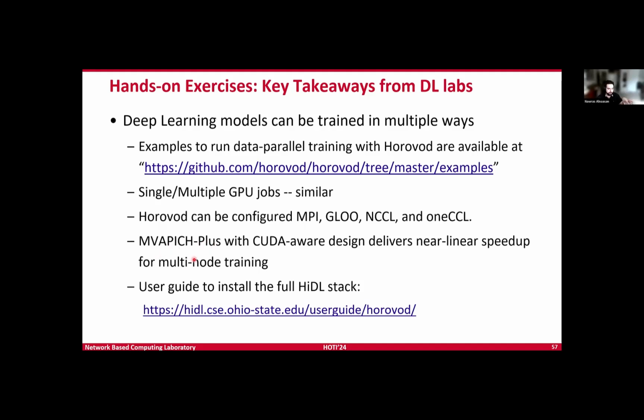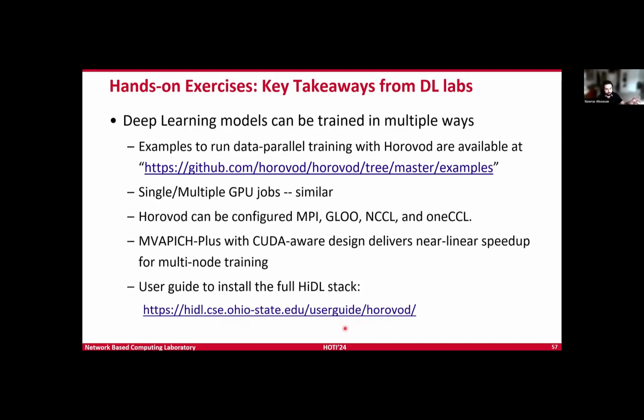MVAPICH2, the MPI library from our lab at OSU, is CUDA aware, meaning if you have GPUs on your system, it will be aware of their presence and optimize the communication accordingly. If you're interested in installing these frameworks, this full stack that I've just used, you can visit this link, hidl.cse.ohio-state.edu.